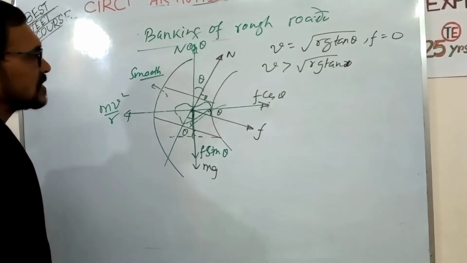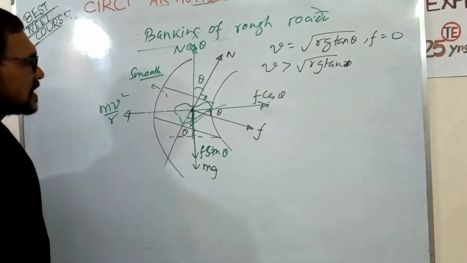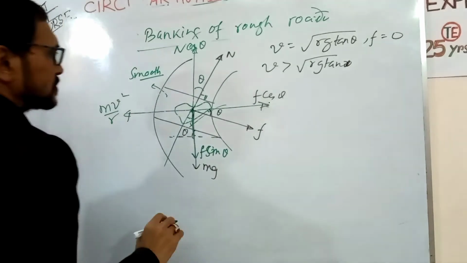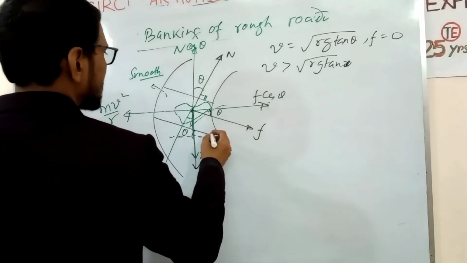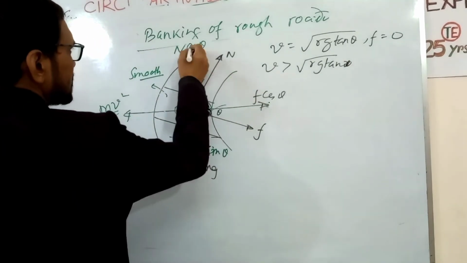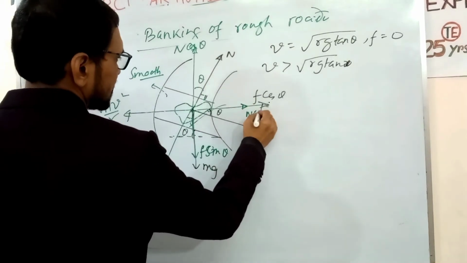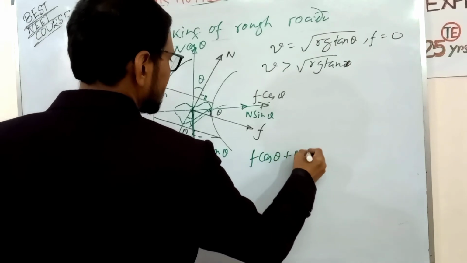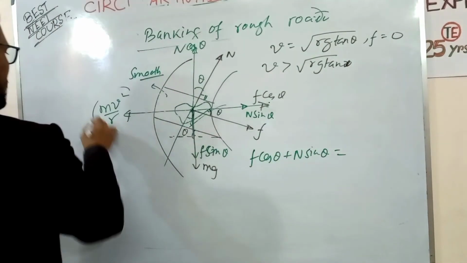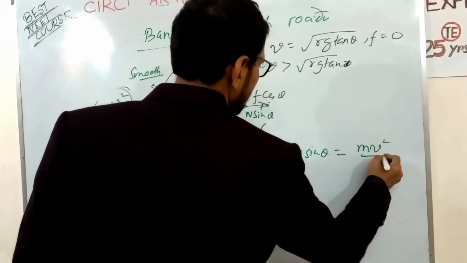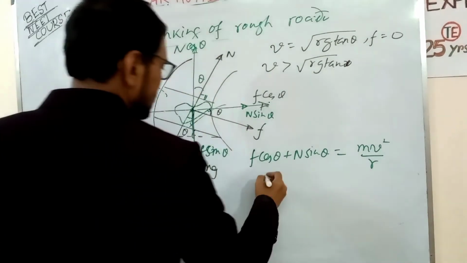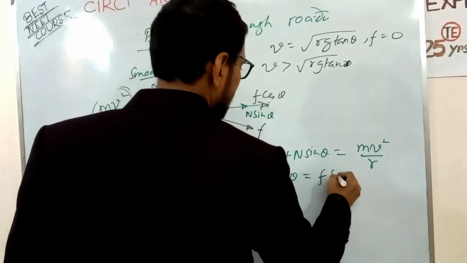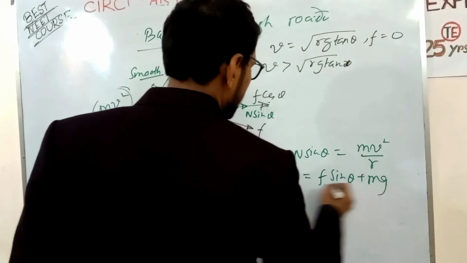If you cannot remember the formula, draw the picture and resolve friction and N along horizontal and vertical. So f cos theta plus N sin theta balances the force mv square by r, and N cos theta balances mg plus f sin theta.